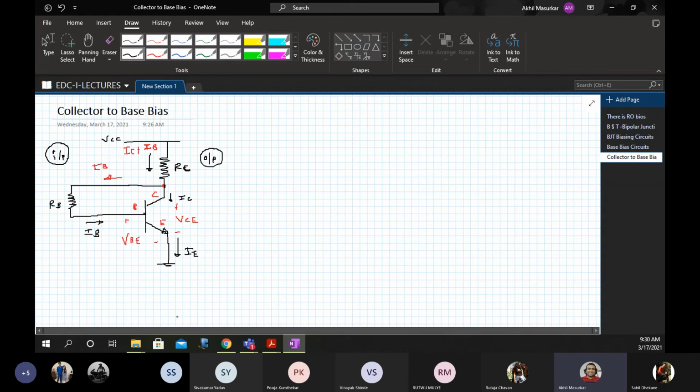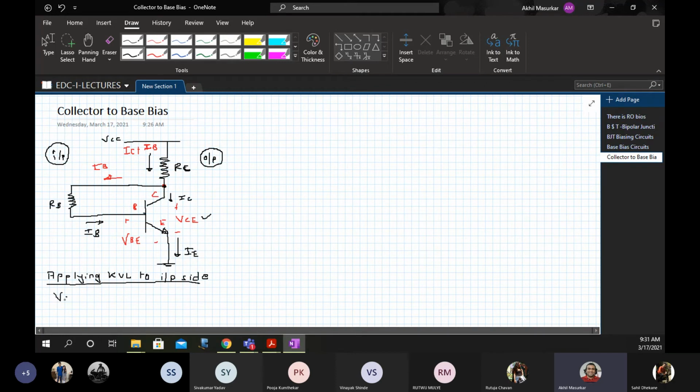So again, we will start by applying KVL to the input side. So you can start from here. The voltage at this point is VCE only.